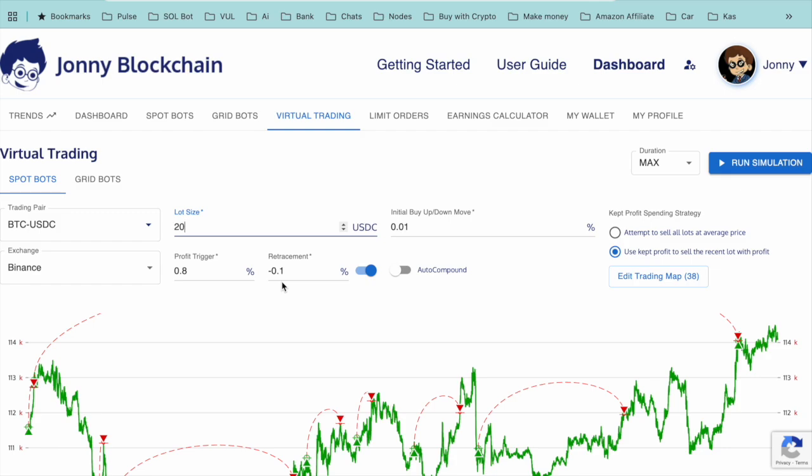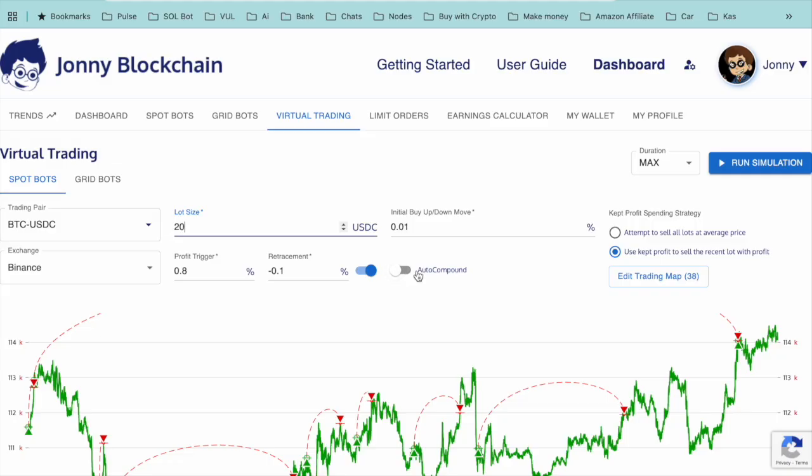The reason it does that is because if the price goes up by 0.8, who knows, it might not stop at 0.8. It might go up to 1%, 2%, 3%, and the bot won't take any profit until there's what's called a retracement. This one, move up or down price, I'm not going to go into that in this video.